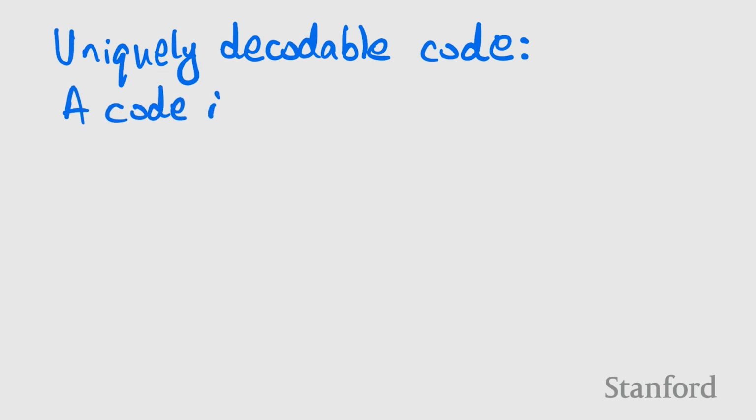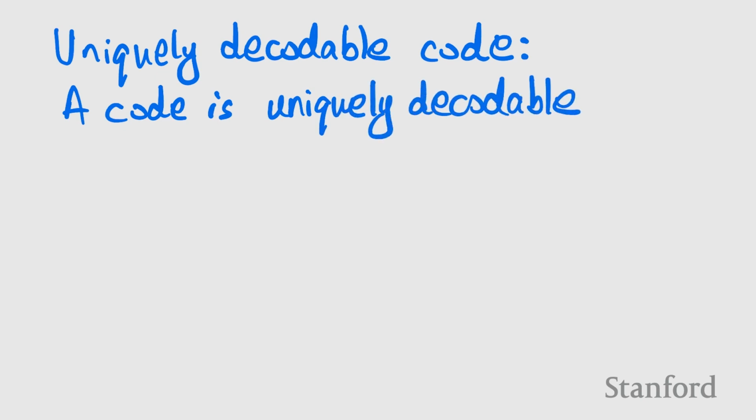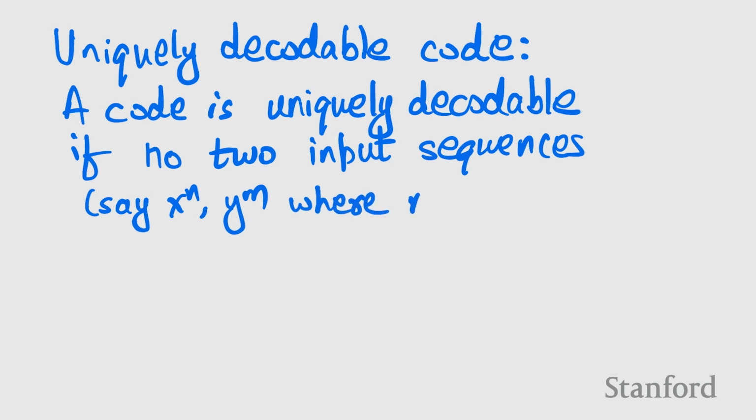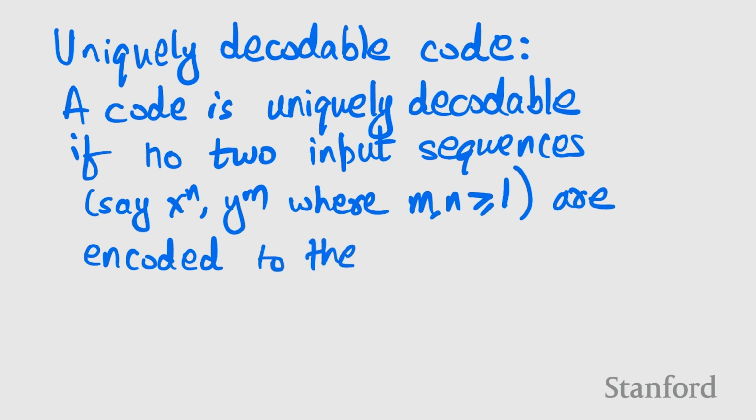So a code is uniquely decodable if no two input sequences, say x_n, y_m, where m and n are greater than or equal to 1, are encoded to the same code, or let's call it the same output.